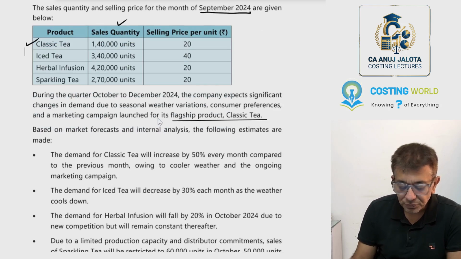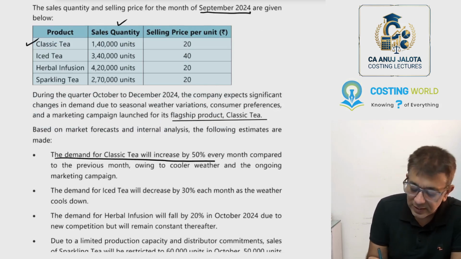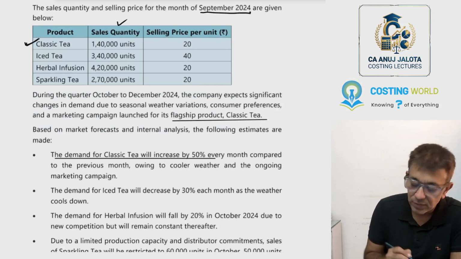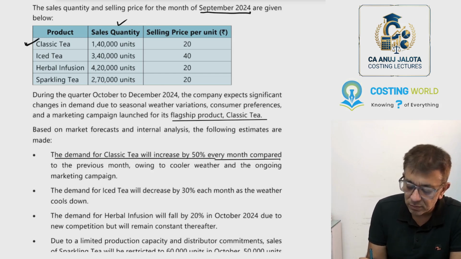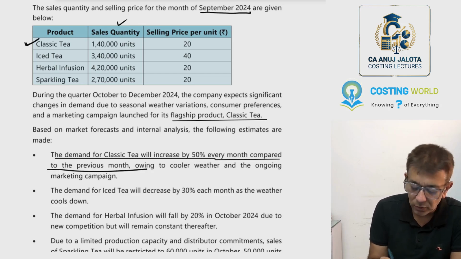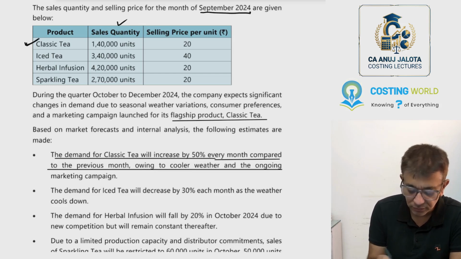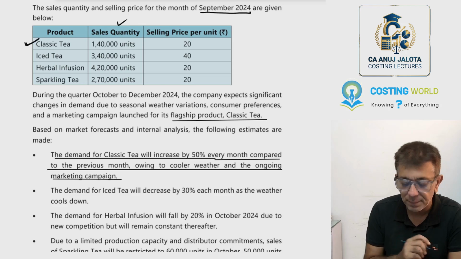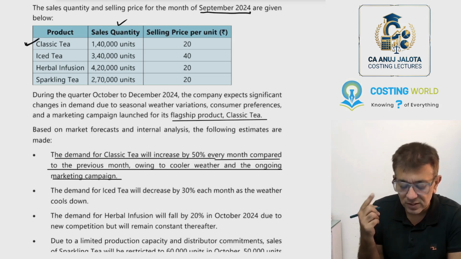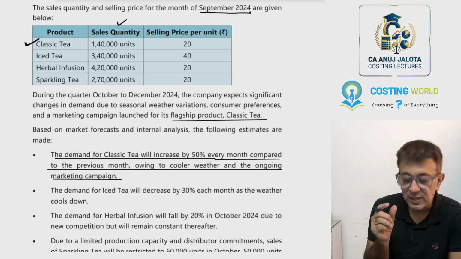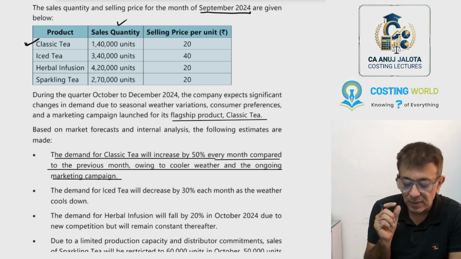The demand for classic tea will increase by 50% every month compared to the previous month, owing to cooler weather and the ongoing marketing campaign. So every month in the next 3 months, sales will keep on increasing by 50%.